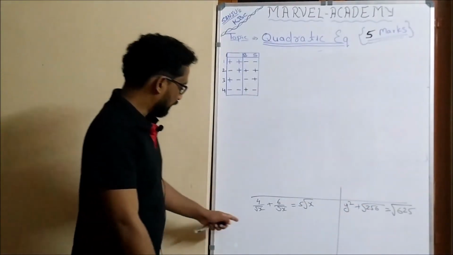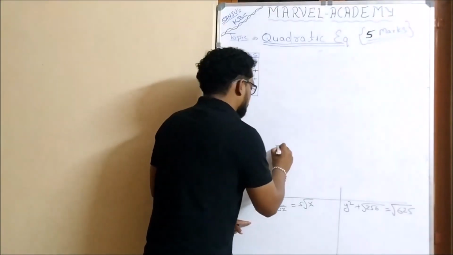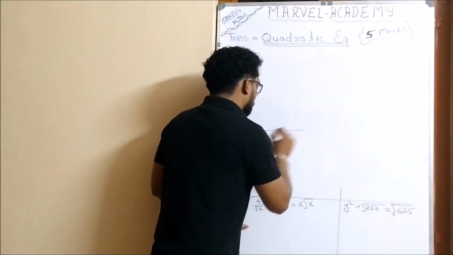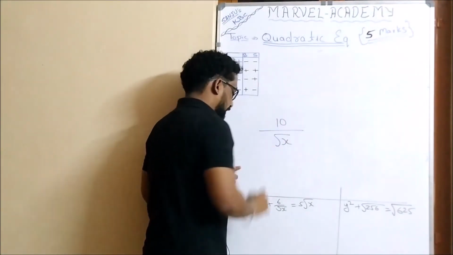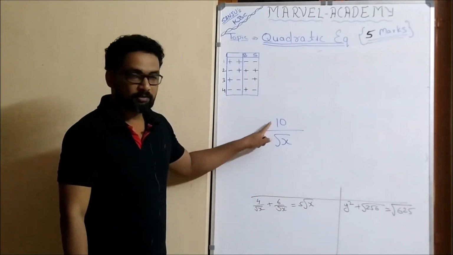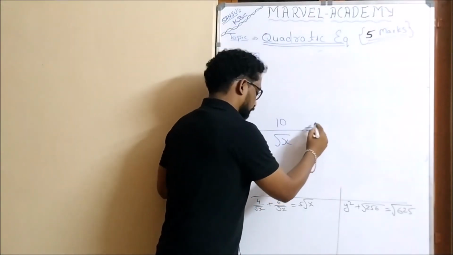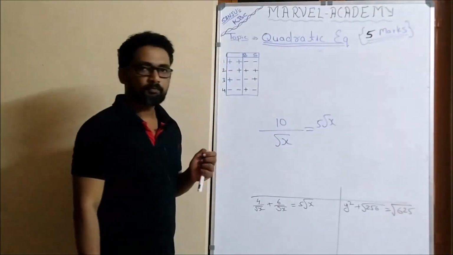Now, if I take the LCM, I get root x, and 4 plus 6 equals 10. So root x and 10 equals 5 root x.